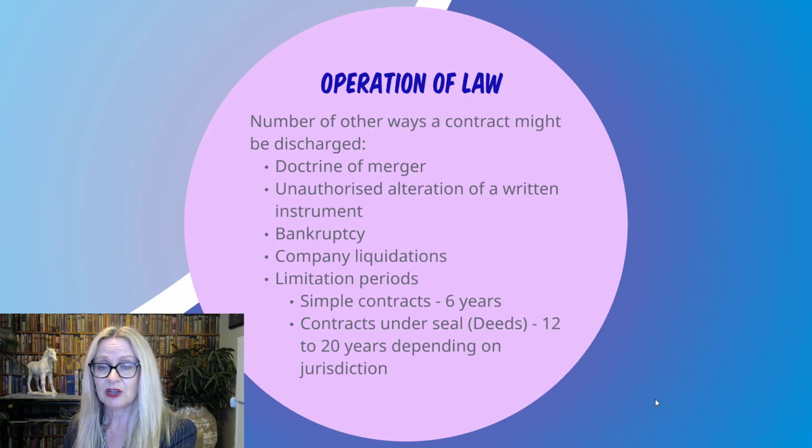If you don't get going on causes of action in contract, you may well find that your causes of action are limited by the Limitation of Actions Act, 6 years for civil contracts, and for contracts under seal, 12 to 20 years, depending on the jurisdiction there. So, a ragtag bunch of other ways. You can look at the text to flesh those out further.